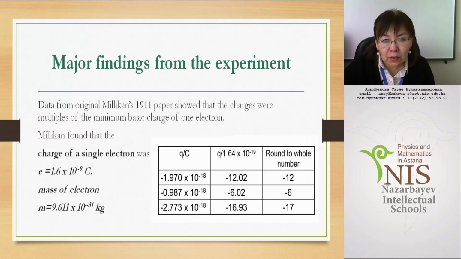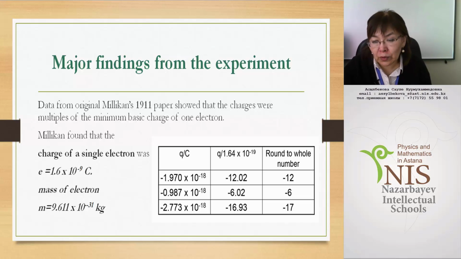The main idea of the experiment done by Millikan was that he found the charge of a single electron. Nowadays you use the accepted value and the mass of the electron. But if you look at the original data printed in 1911, you see he did not publish all the data.